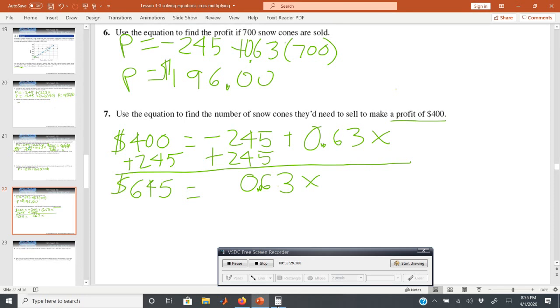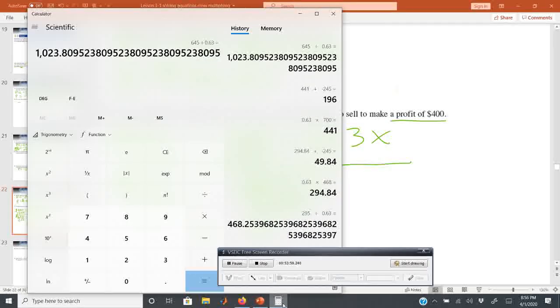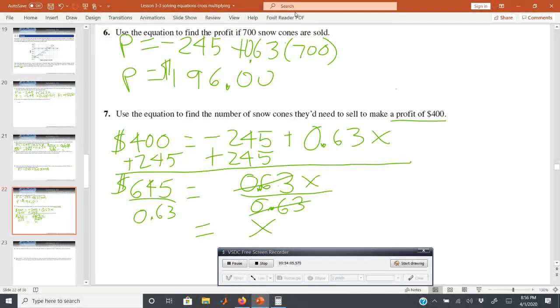So in the context of the story, all of the things that we're doing really make sense, which helps us understand the process of solving equations. So 1,024 snow cones in order to make $400 profit.